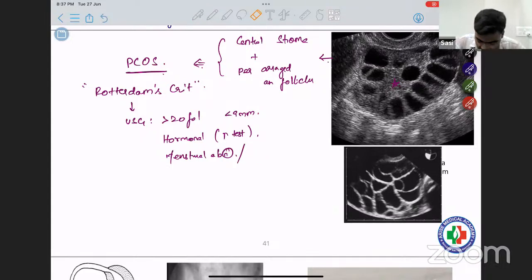Just remember, some menstrual abnormalities. Fine. This is PCOS. What is the drug of choice for treating infertility in PCOS?